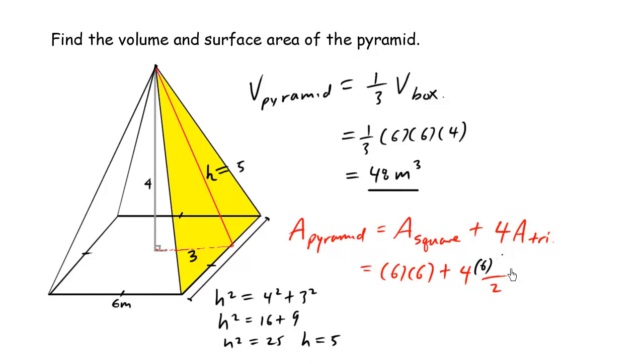So this h value is indeed 5. So calculating all this out, we have the area of the pyramid is equal to 96, and we're talking about meters, so I'll say meters squared. Area is always in units squared, and volume is always in units cubed, don't forget.